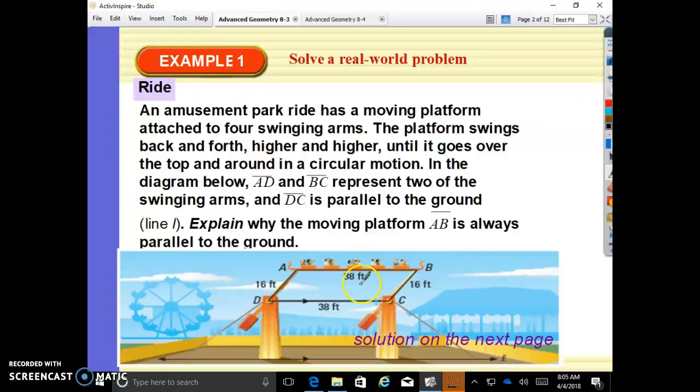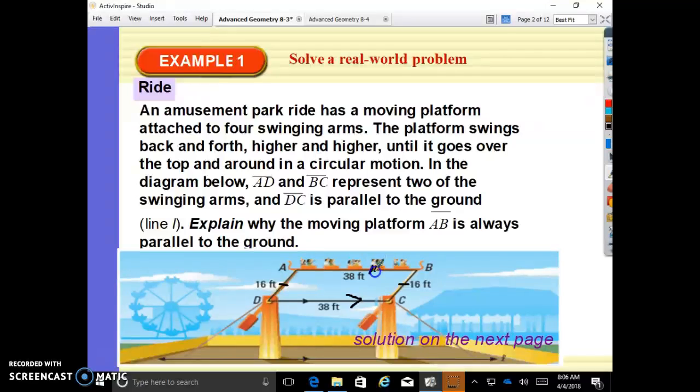So it said that DC is parallel to the ground. So what do we know? I bet it's something that you guys copied down. These are both 16 feet, so they're congruent.